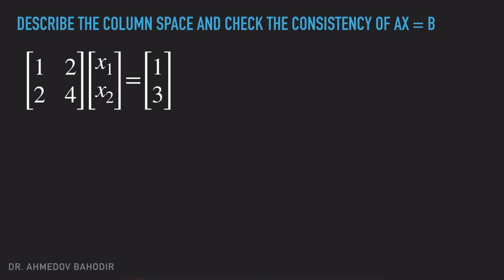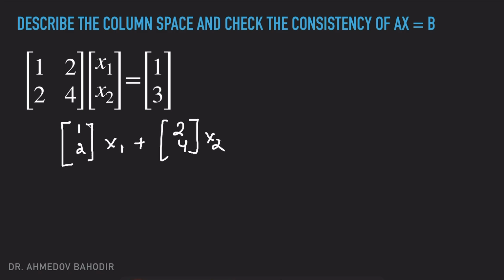But now at this stage, I would like to understand whether the system is solvable or not by just understanding the linear combinations of the columns of the matrix A. If I say, could you please solve the system of linear equations, you can tell me that you need to multiply the first column of this matrix, 1, 2, by this specific constant x1, plus 2 and 4 multiplied by x2, and this should be equal to 1 and 3.